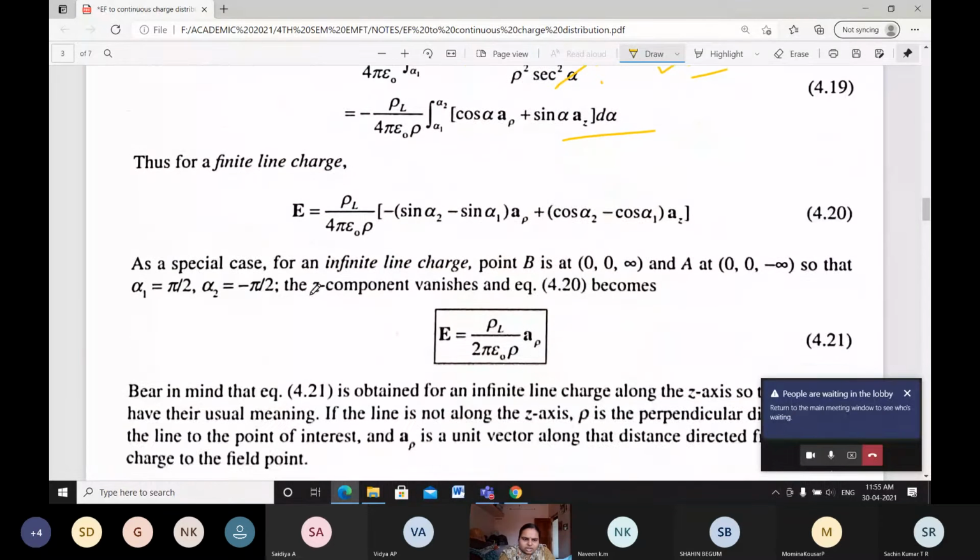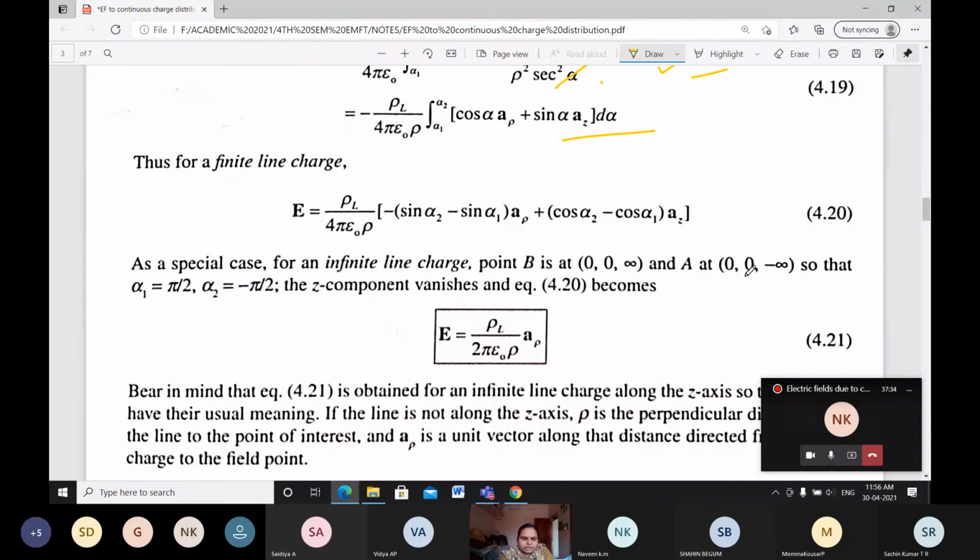Then as a special case, the infinite line charge, for point B varying from 0 comma 0 to infinity. For a line, it is from 0 comma 0 to minus infinity, plus infinity to minus infinity, varying along the z axis.